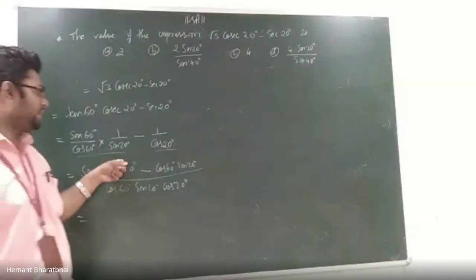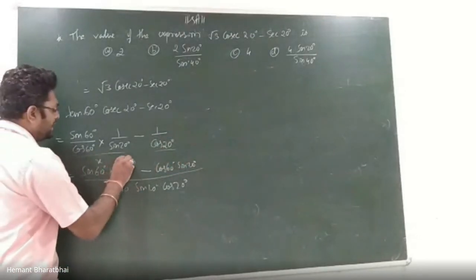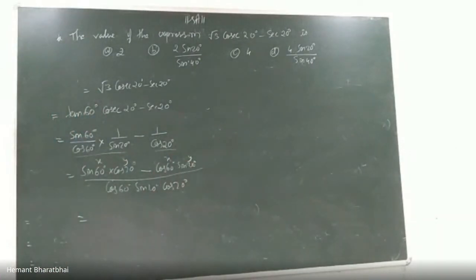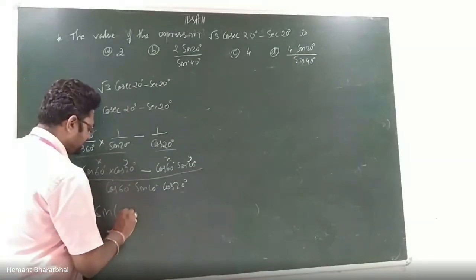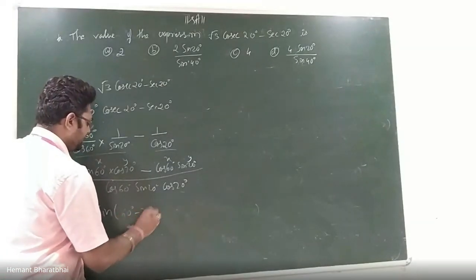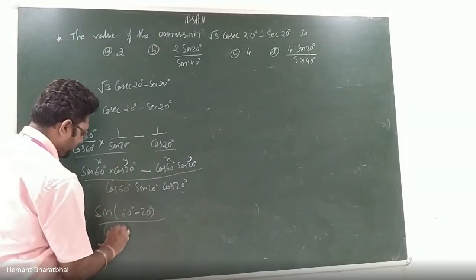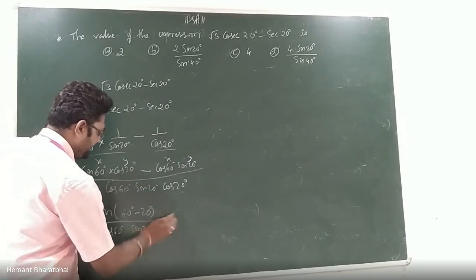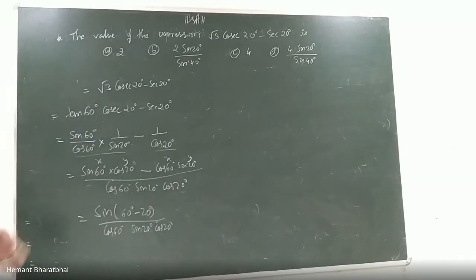Now sin x into cos y minus cos x into sin y. If I consider 60 degree is x and 20 degree is y, so this is x and this is y. So sin x into cos y minus cos x into sin y is the expansion of sin of x minus y. So x is 60 degree and y is 20 degree. And here I have cos of 60 degree into sin of 20 degree into cos of 20 degree.